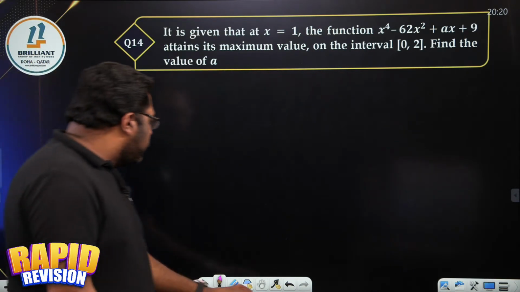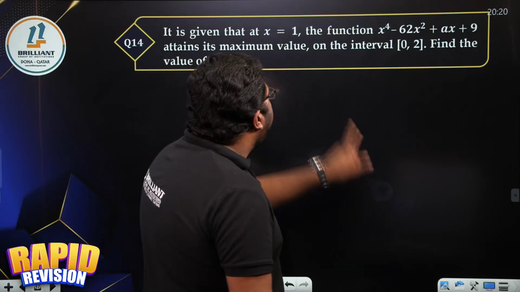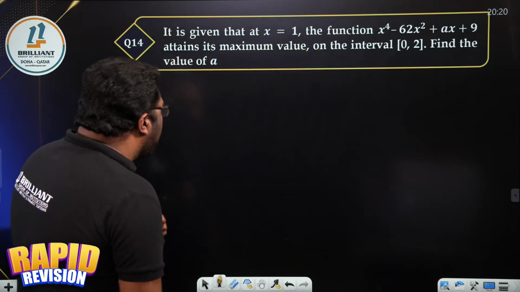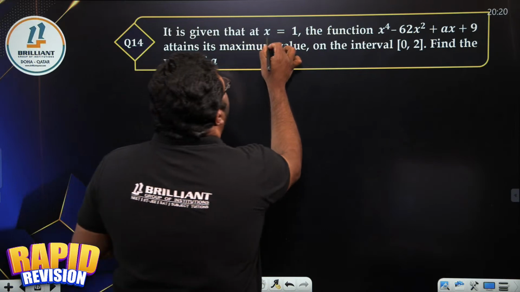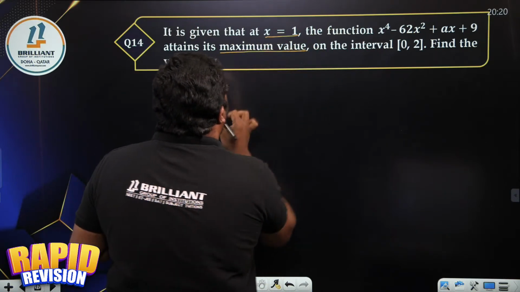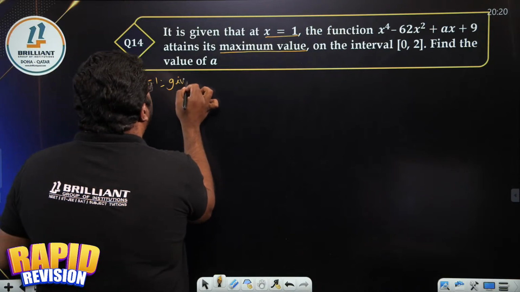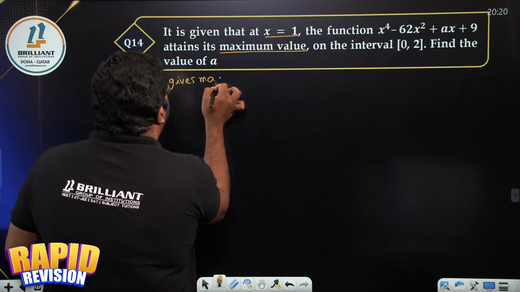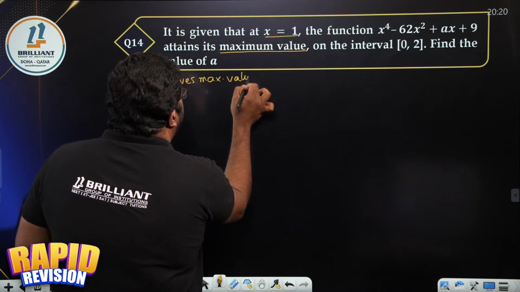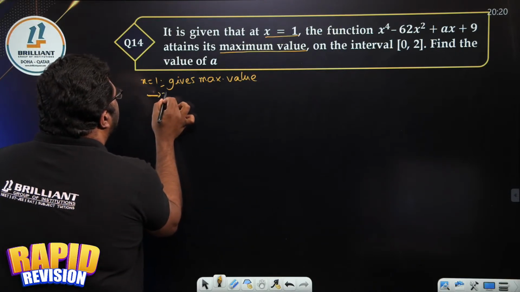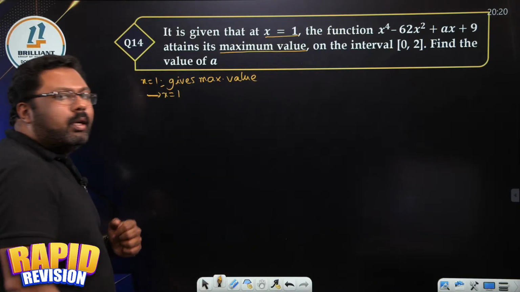Simple 2-mark question from maxima minima. Find the value of a if x equal to 1 is a point where you get maximum value. X equal to 1 gives maximum value, implies maxima or minima.